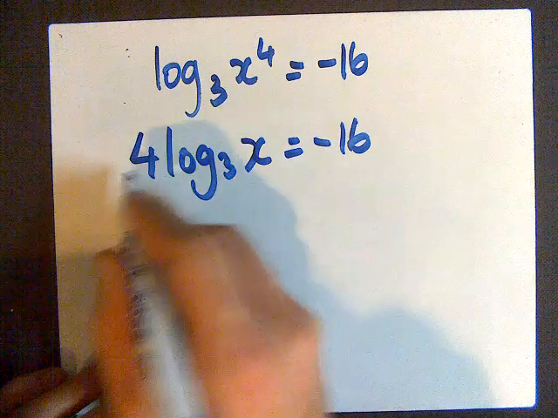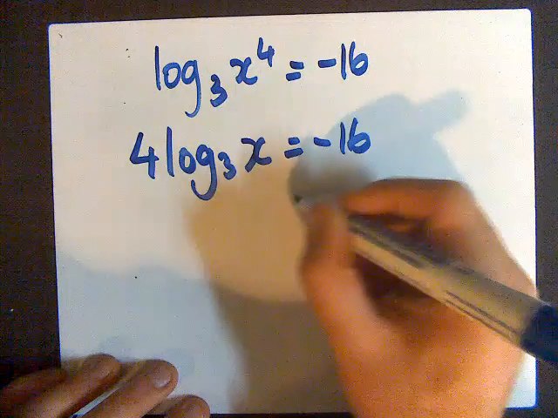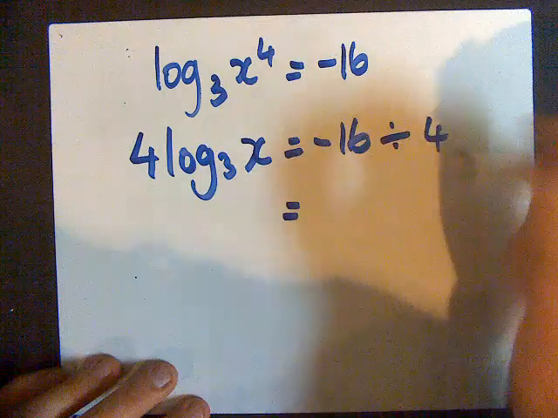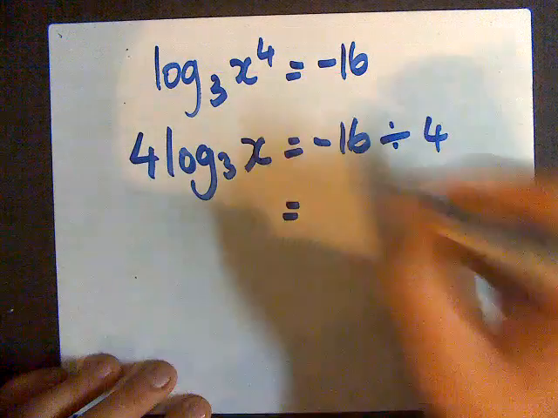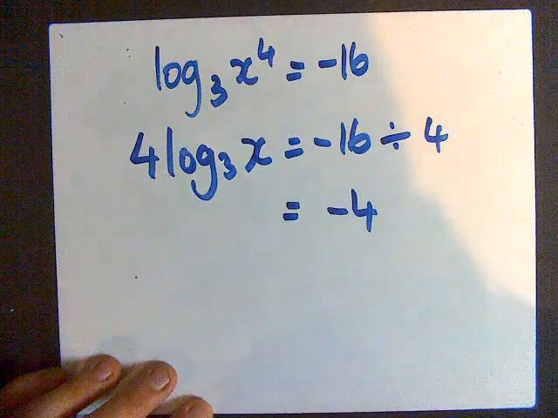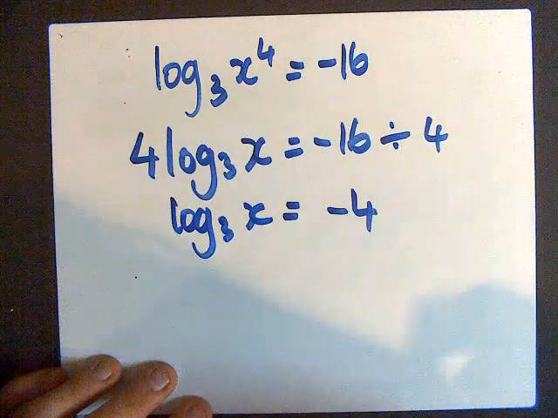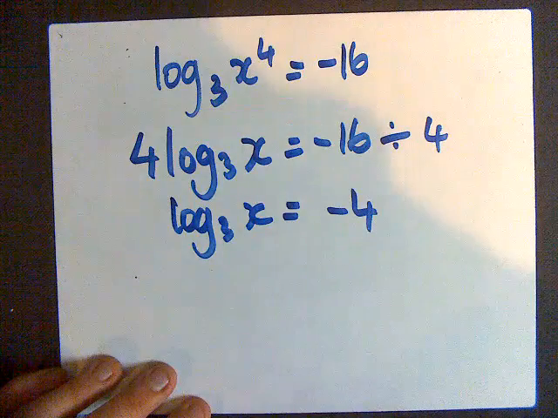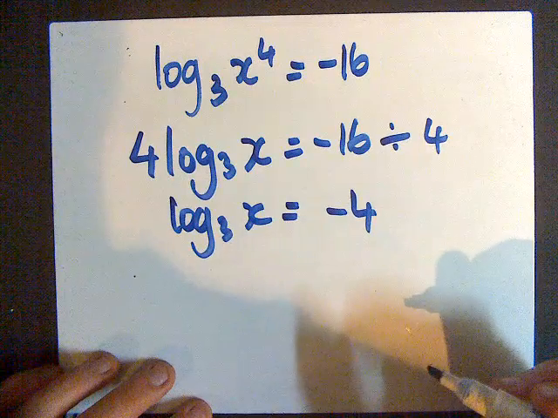Now, this is saying 4 times log base 3 of x. So because it's 4 times, if I was to do the opposite on the other side, I would divide this side by 4, divide this side by 4 to get rid of it as well. So I end up with -4 on this side, and I still have log base 3 of x. Now we have something in the general equation form, so let's turn this into index form.